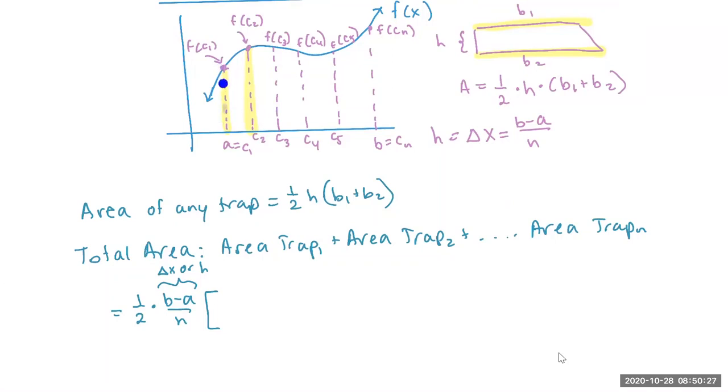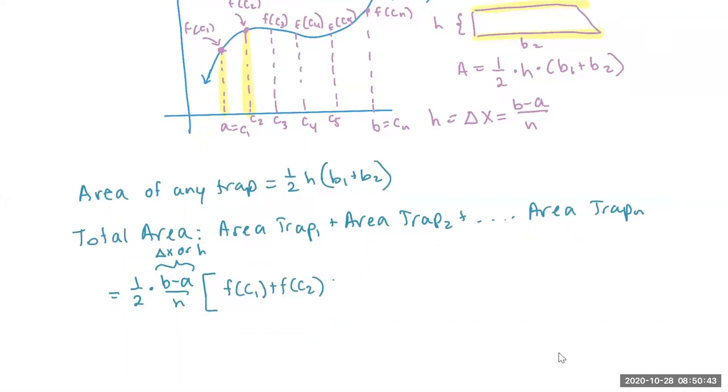However, the first one is only written once. So the area of the first trapezoid would be the 1/2 height on the outside, f of c sub 1 plus f of c sub 2 as the base values for the first trapezoid. The second trapezoid would have the base value of f of c sub 2, again, that repeated base, plus f of c sub 3. You can see f of c sub 3 is also shared. F of c sub 4 is also shared.